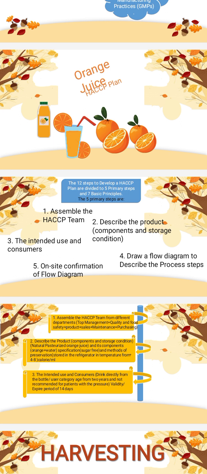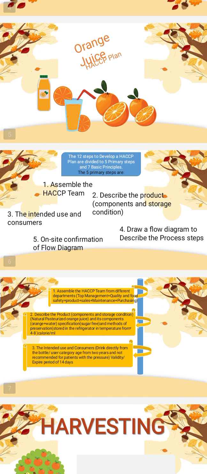First step, assemble the HACCP team. Number 2, describe the product components and storage condition. Number 3, the intended use and consumer. Number 4, draw a flow diagram to describe the process. Number 5, on-site confirmation of the flow diagram.